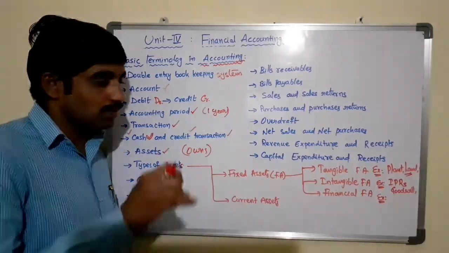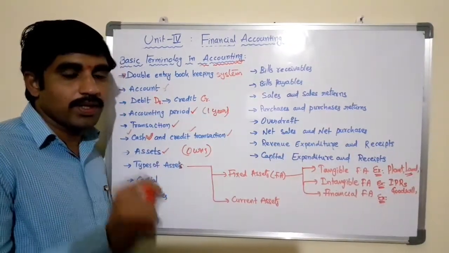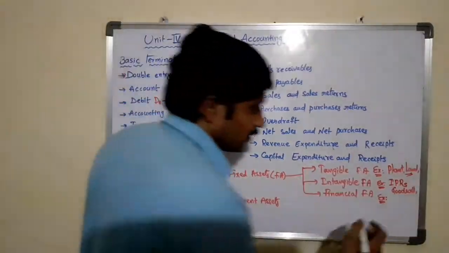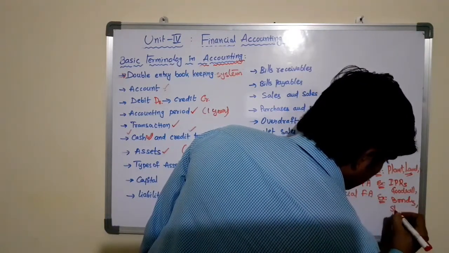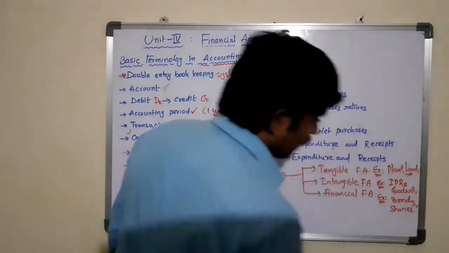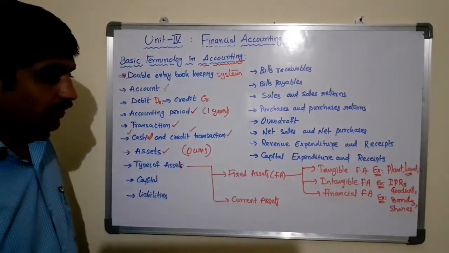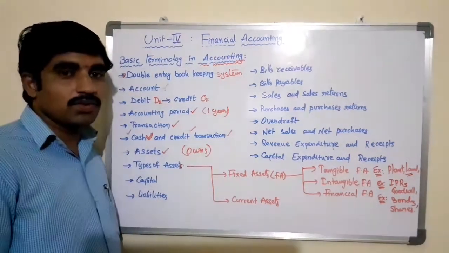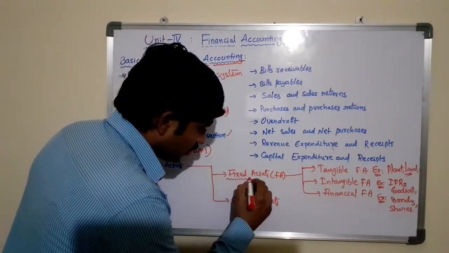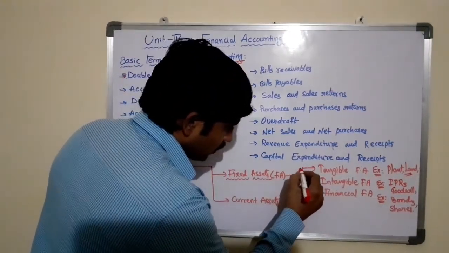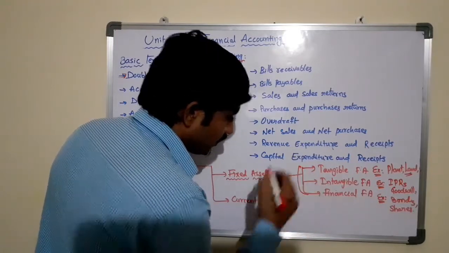Bonds and shares are the financial fixed assets of the business which will give service to the company for a long period. So these are the fixed assets. They are the different types of fixed assets.